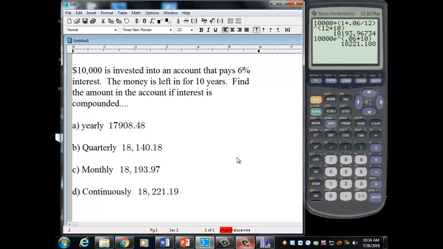Now, as an aside, one of the things you should probably never do, because it's very depressing, is when you buy a house, never take your monthly payment and multiply it by the number of times you have to pay it. Because you quickly realize you're getting taken over the coals.